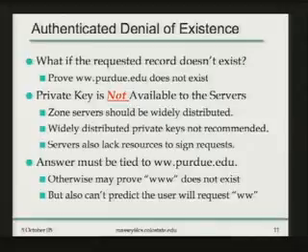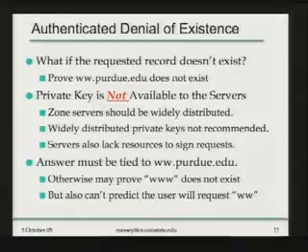Also, if I do put the private key in the server, in addition to simply the distribution problem, now I'm asking the server to do new computations. I'm opening up potential holes for distributed denial of service or simply added load on the server. So there's no private key at the server, but I still need to prove to you Purdue doesn't exist.